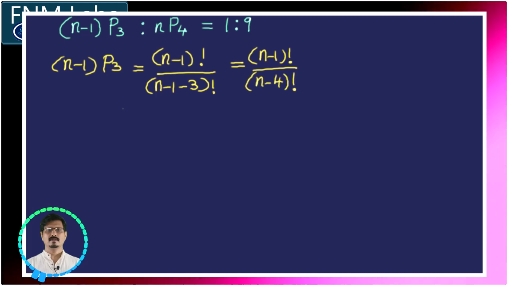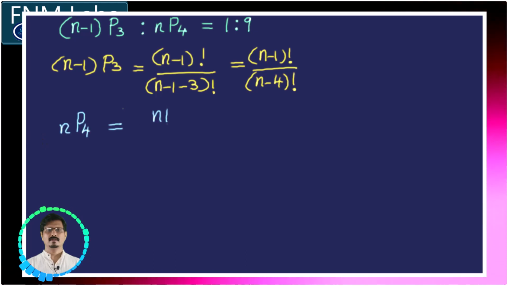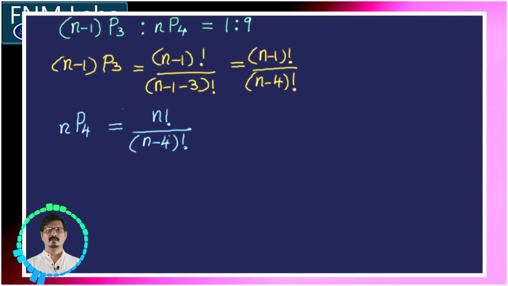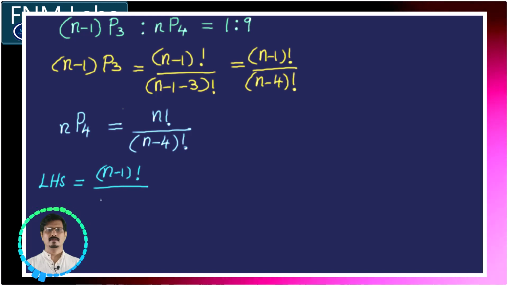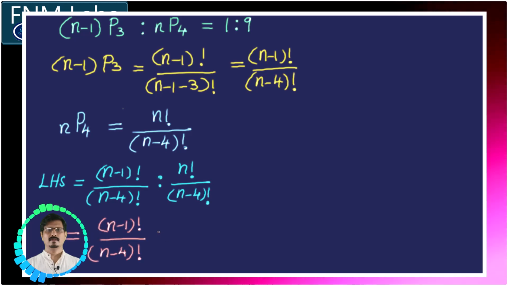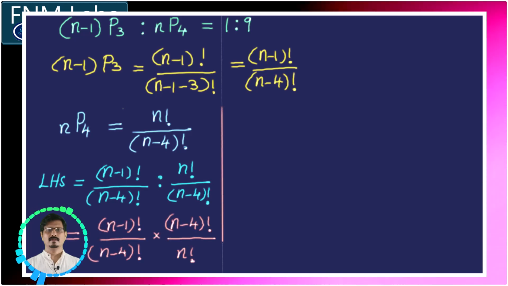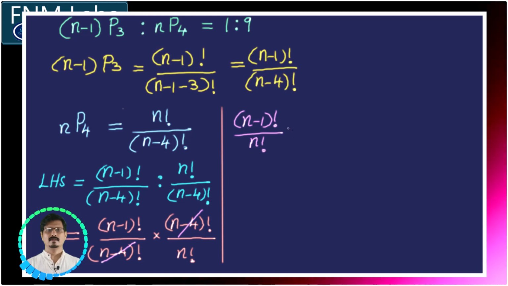Taking the second term of the ratio n P 4, that is equal to n factorial by n-4 factorial. Therefore, the left hand side of the given equation is n-1 factorial divided by n-4 factorial is to n factorial by n-4 factorial. So, cancelling the like terms, we get n-1 factorial by n factorial, which is equal to n-1 factorial divided by n factorial.